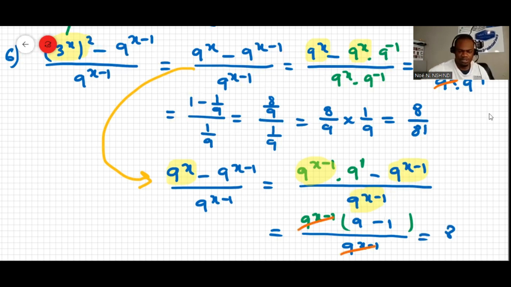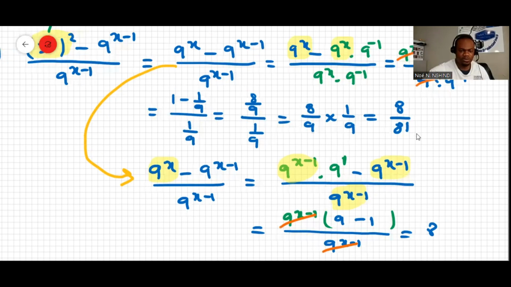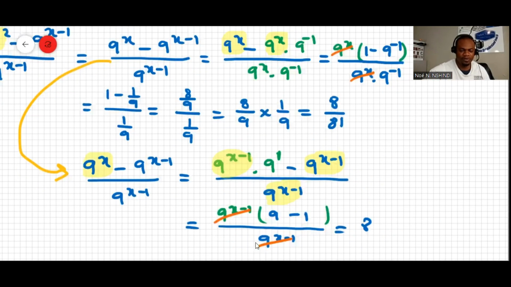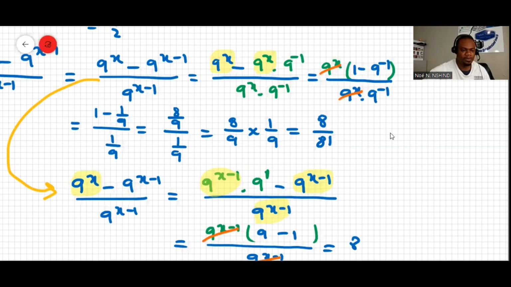Let's see what we did wrong here, because when we simplify there, we are left with 8, but we got 8 over 81. What was the problem?